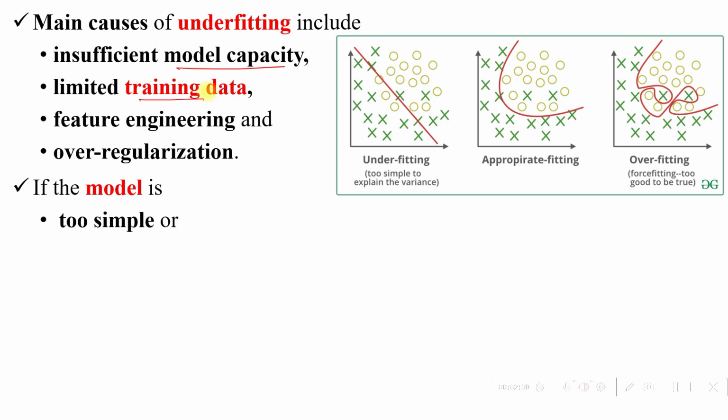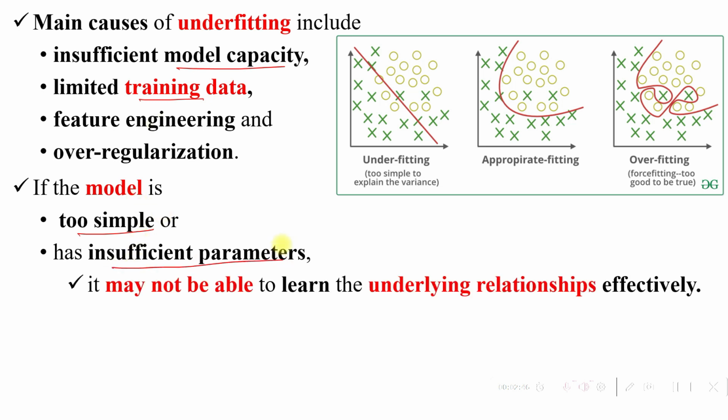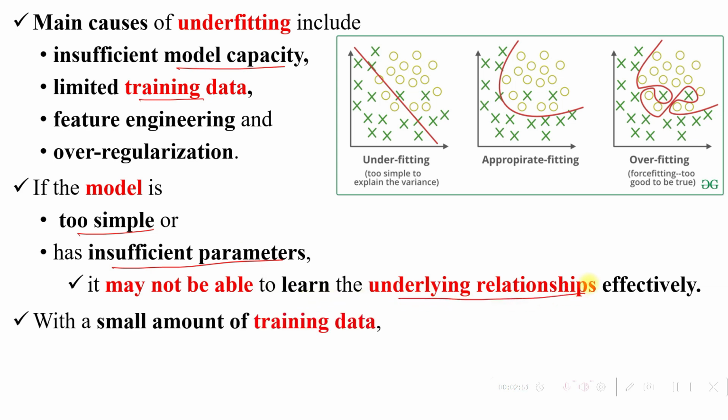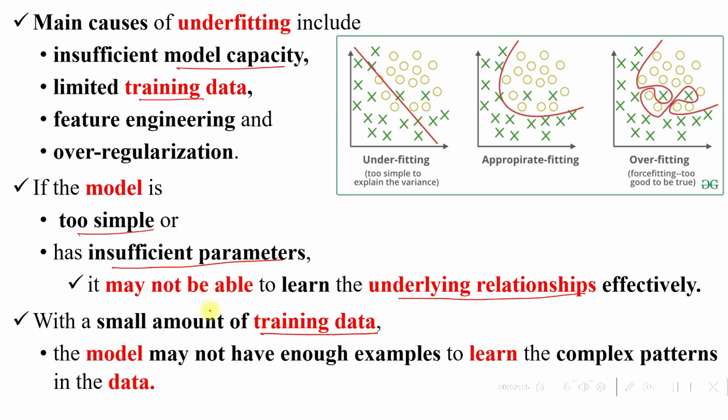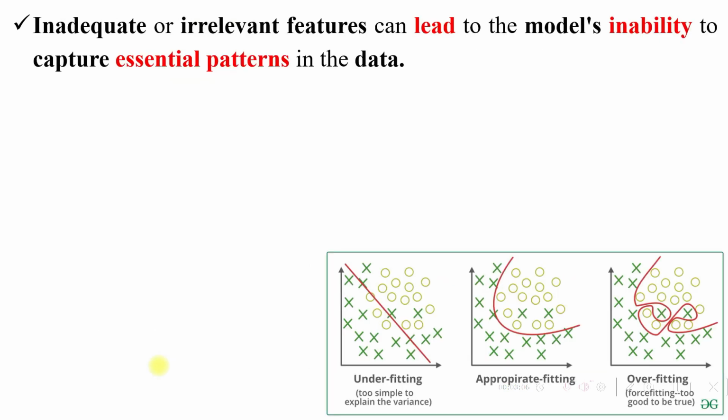If the model is too simple or has insufficient parameters, it may not be able to learn the underlying relationship effectively. With a small amount of training data, the model may not have enough examples to learn the complex patterns in the data set. Inadequate or irrelevant features can lead to the model's inability to capture the essential patterns in the data.